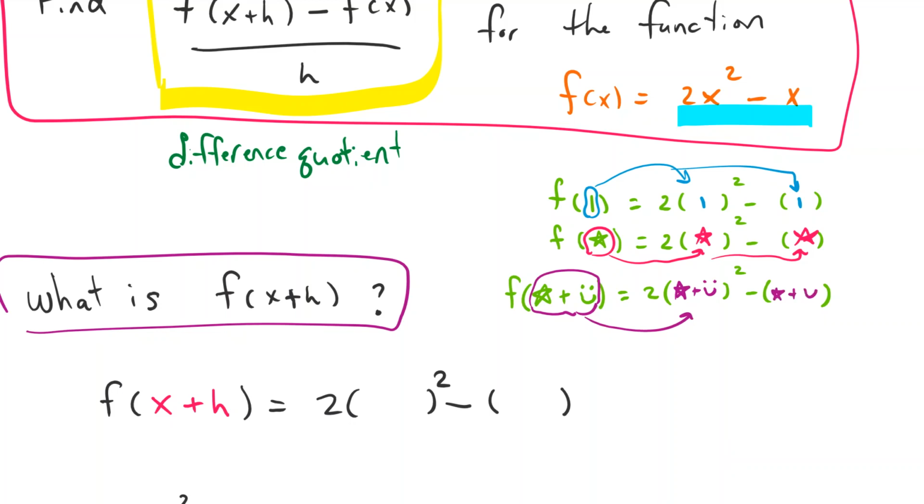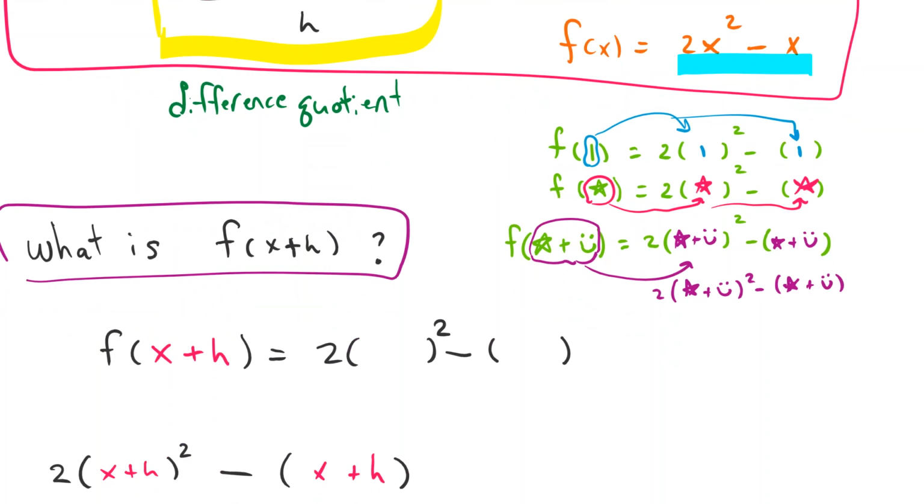When we end up working it out, we'd probably have to do some foiling when we squared it. But without simplifying, we can see that we have 2 times the quantity star plus smiley face squared minus the quantity star plus smiley face. So really all we're doing is plugging that in. You can actually think of star and smiley face as constants, like 2 and 3. So if you said plug in 2 plus 3, it would really be the same as just plugging in 5. But since we don't know what star and smiley face are, we just keep them separate.